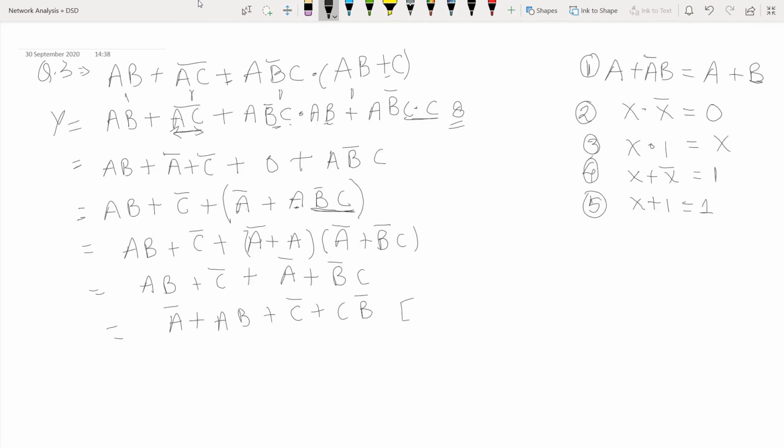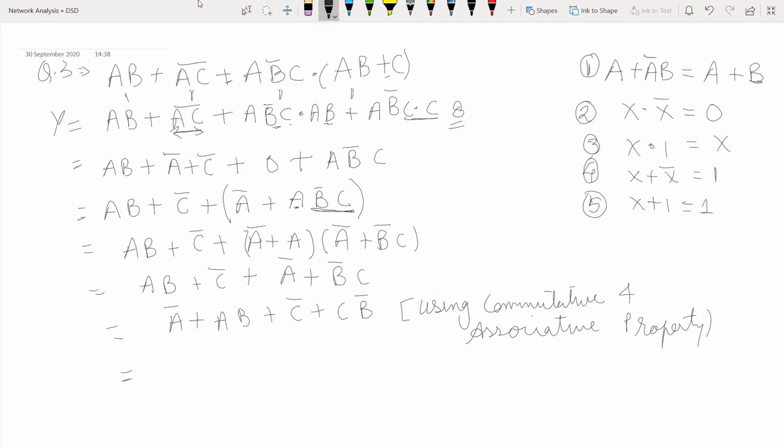Here we can write also using commutative and associative property.